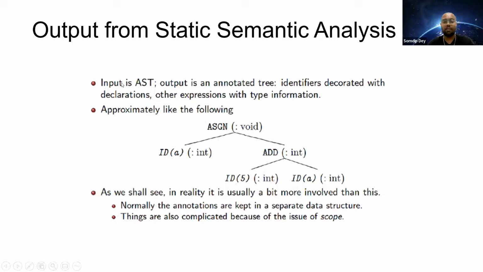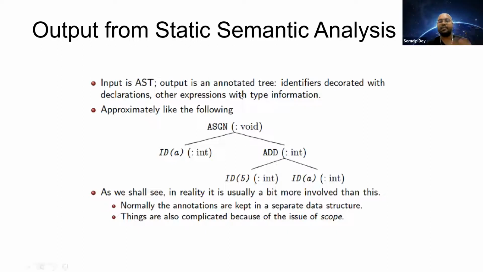Let's say the input for static semantic analysis is the AST, and the output is an annotated tree which consists of identifiers decorated with declarations and other expressions with type information. That's what technically happens in static semantic analysis.